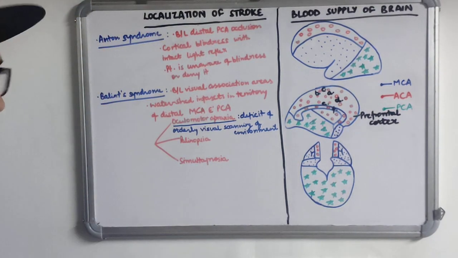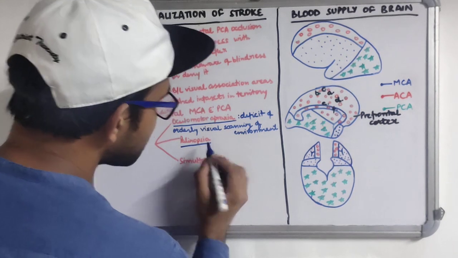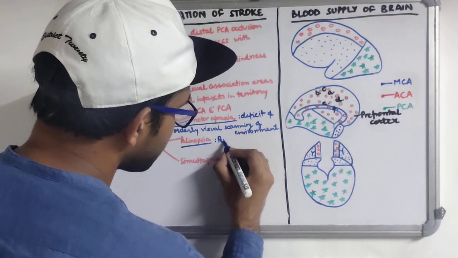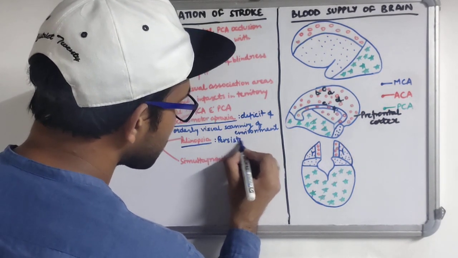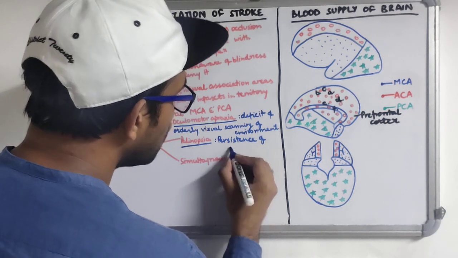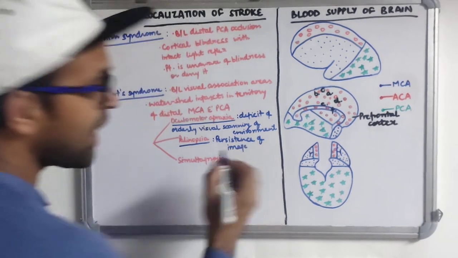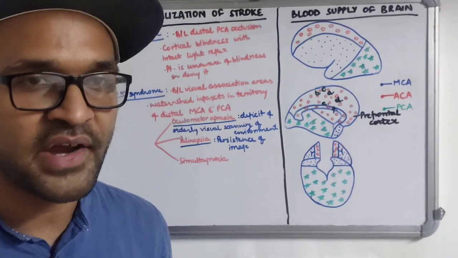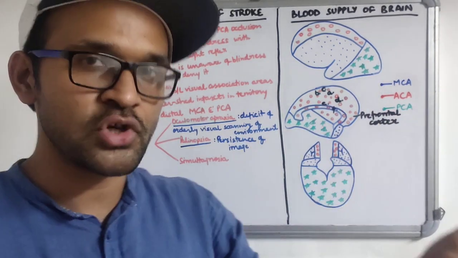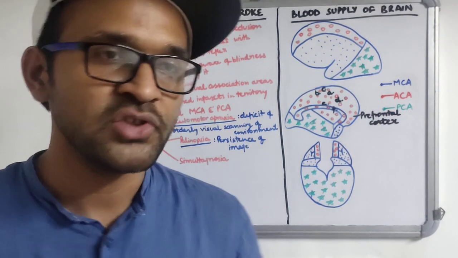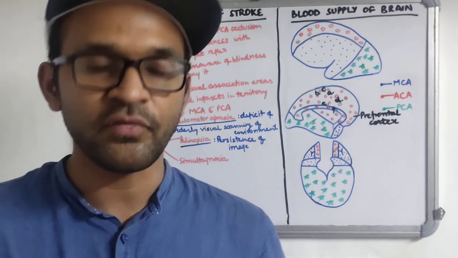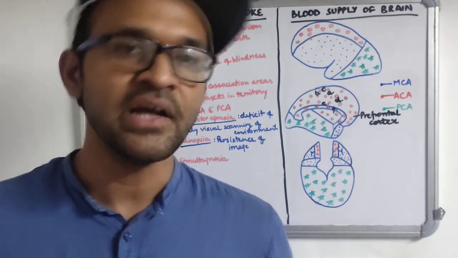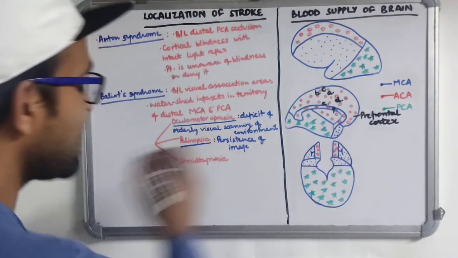This is oculomotor apraxia. Palinopsia is persistence of image. That means if you look at an object and then look at another object, there is persistence of the first object for several minutes despite gazing at another object. This is known as palinopsia.